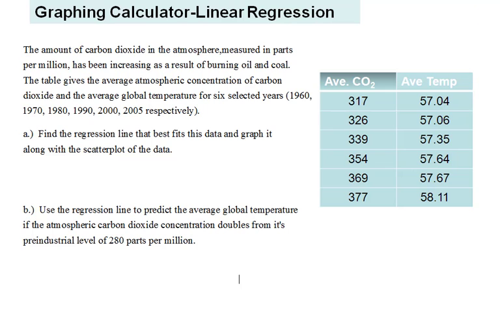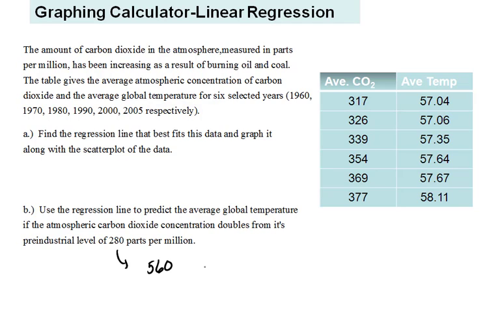Alright, so we did find that we got the data and we fit it to a regression line, and now we use the regression line to predict the average global temperature if the atmospheric carbon dioxide concentration doubles from its pre-industrial level of 280 parts per million. When it doubles, that means I want the carbon dioxide level to be, if we double this, 560.